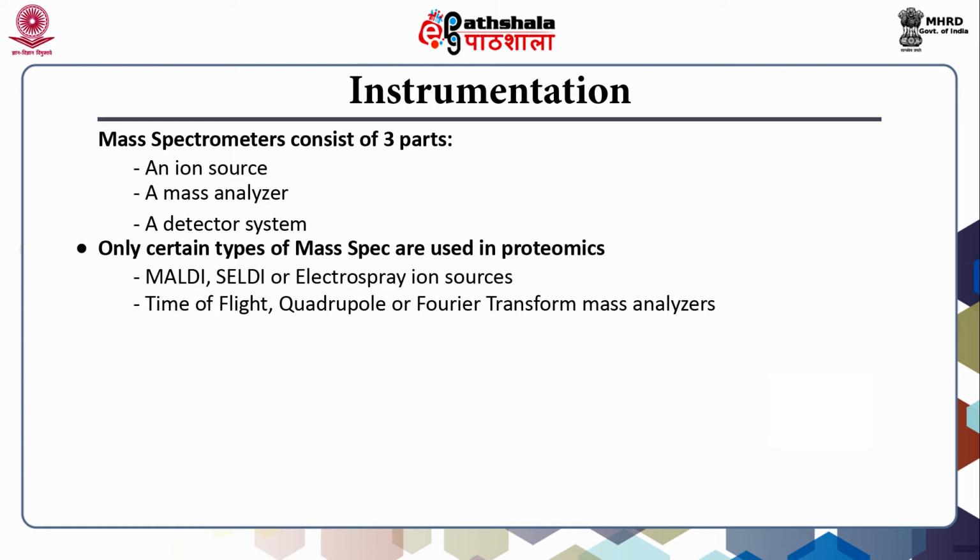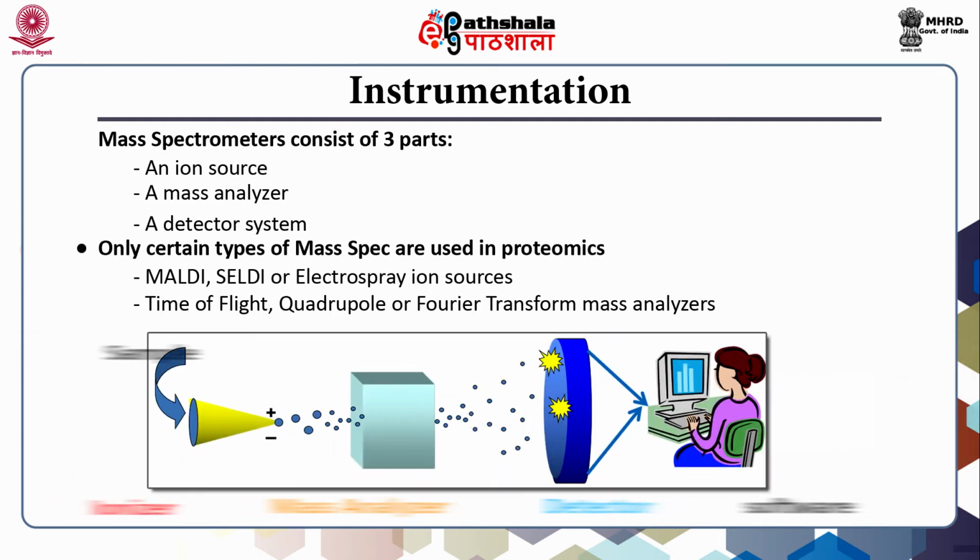So, what happens when we go for analysis? This mass spectrometer has different parts. First is the ionizer, where the sample is kept and gets ionized. After ionization, the sample enters the mass analyzer, where the mass of individual compounds is analyzed, and it traverses through the mass analyzer and hits the detector.